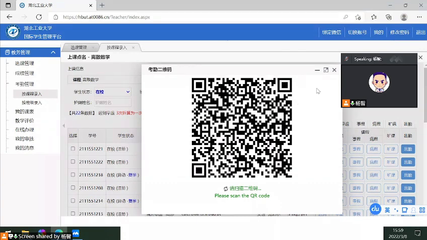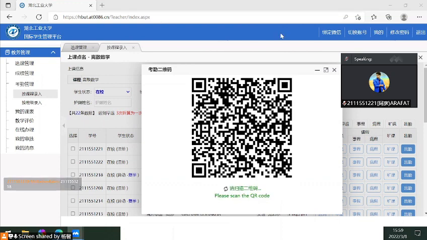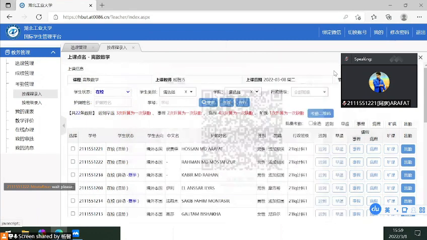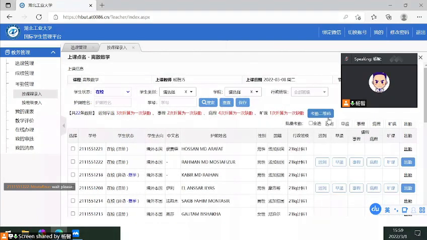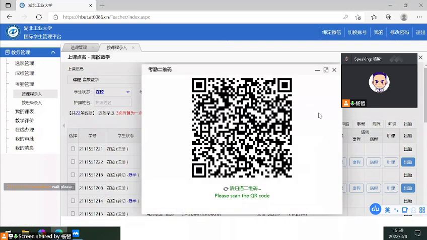Okay, are you finished? Yes, teacher. Okay, I close the window. Someone didn't finish. Okay, I show it again. Please be quick and scan the QR code.